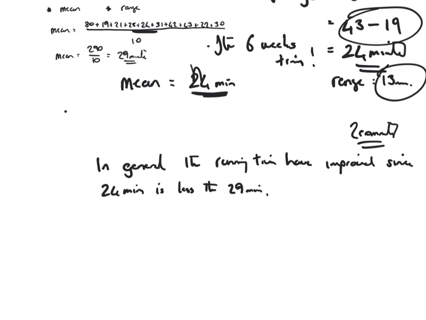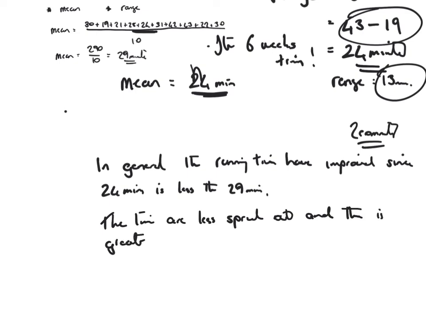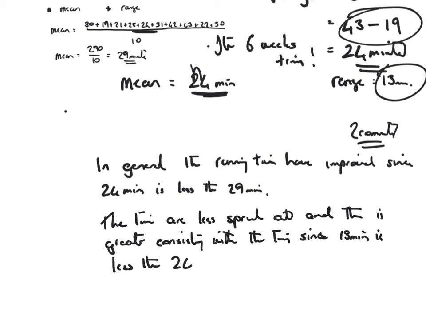Okay, so what I would say this time is that the times are less spread out, and there is greater consistency with the times since 13 minutes is less than 24 minutes.